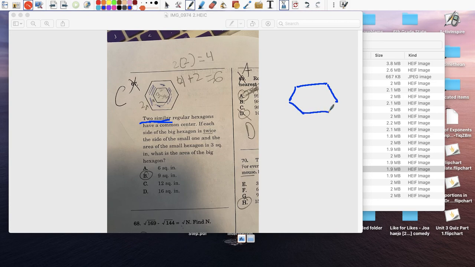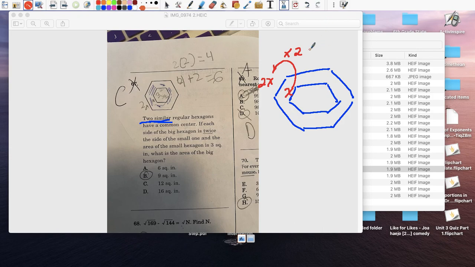So let me draw the one that's inside and the one that's outside. So we know that this is x and this is 2x. So the scale, what happened here? It's times 2. So the trick with this, if you know the scale, times 2 or times 3 or times 4 or whatever it is, is to take that scale and square it, because we're talking about area.